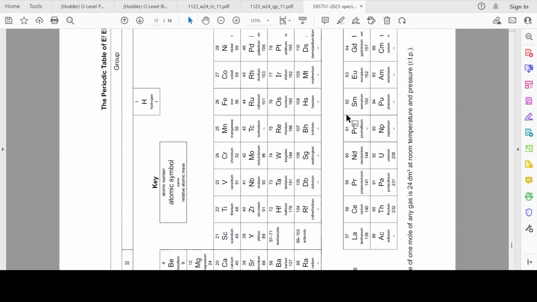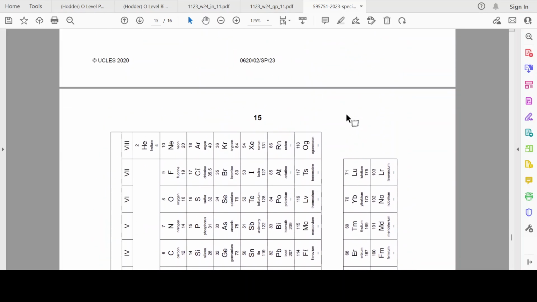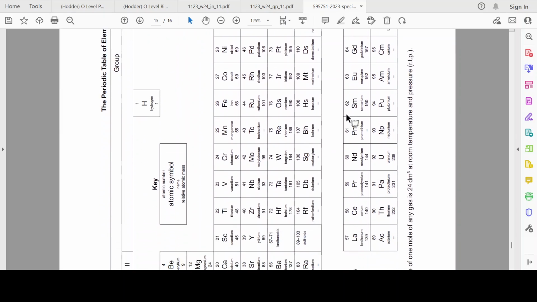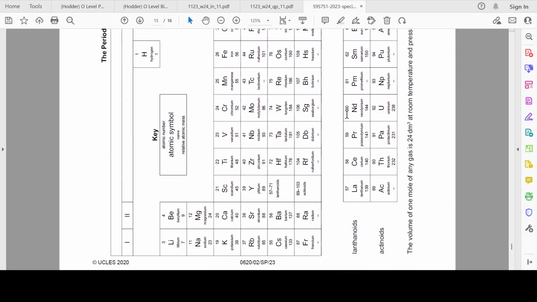It also includes the periodic table over here, so you don't need to have everything memorized. The periodic table has your proton number and mass number both. They even give you the key, the atomic symbol, atomic number at the top, and name, and then relative atomic mass at the bottom, which makes life much easier, doesn't it?